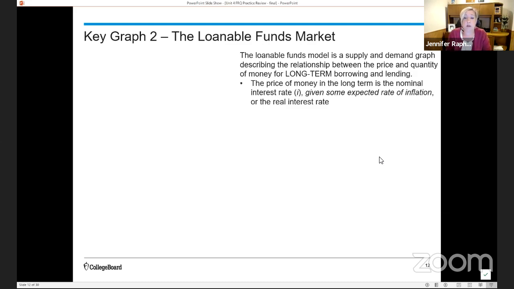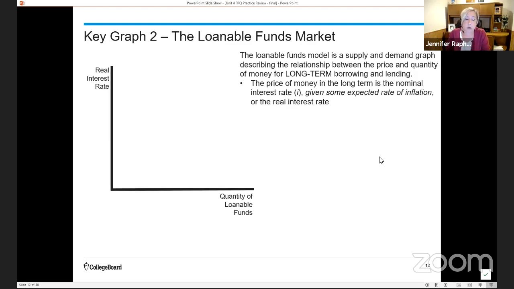So the price of money in the long term is the nominal interest rate given some expected rate of inflation, which would tell us what the real interest rate is. That's why we graph the real interest rate on the vertical axis and the quantity of loanable funds on the horizontal axis. Again, it's a supply and demand graph, price on the vertical axis, quantity on the horizontal axis. But in this case, the real interest rate is the price of long-term borrowed money.